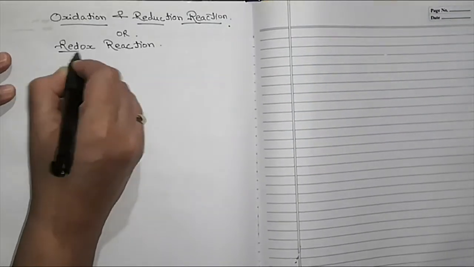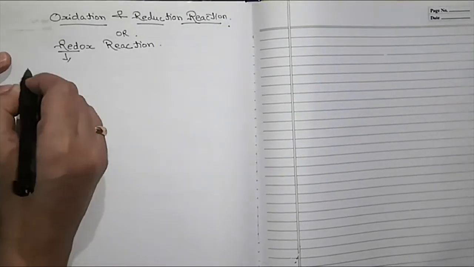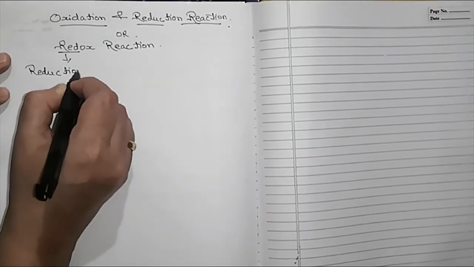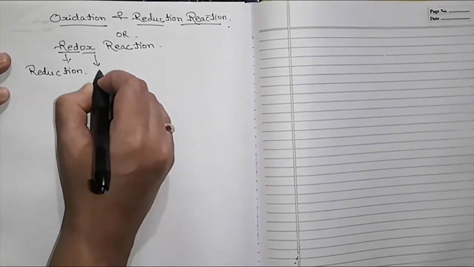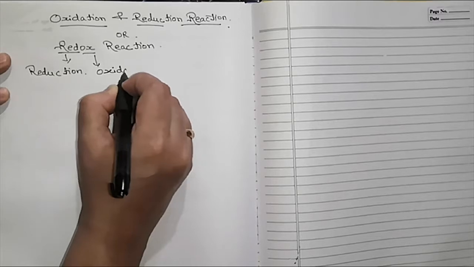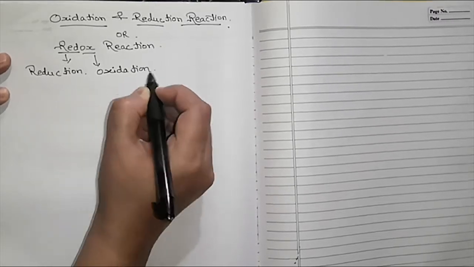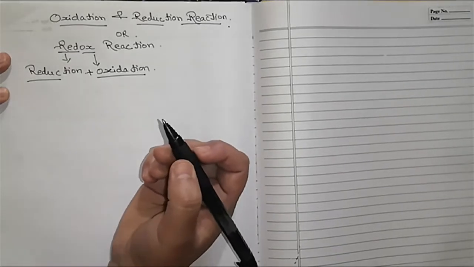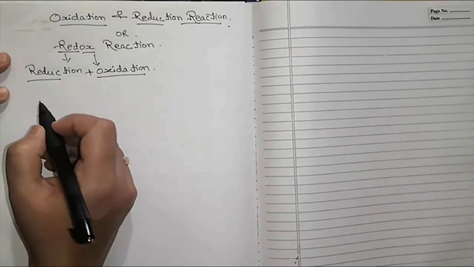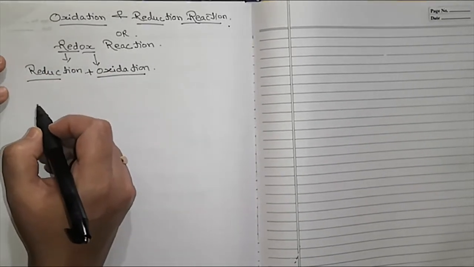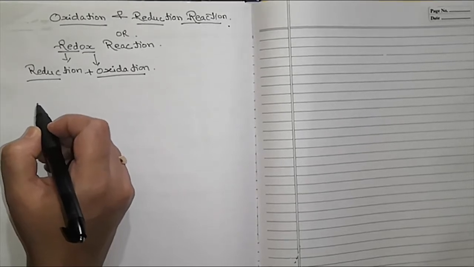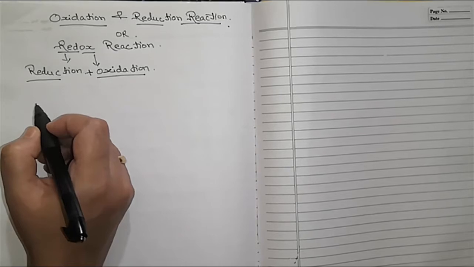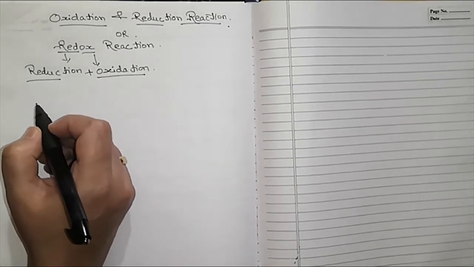As you can see here, RED means reduction, and OX means oxidation. So reduction and oxidation, these words have combined together and we call it redox reaction, because in a redox reaction, there is a reduction and oxidation taking place simultaneously.